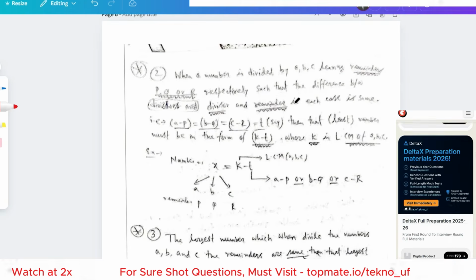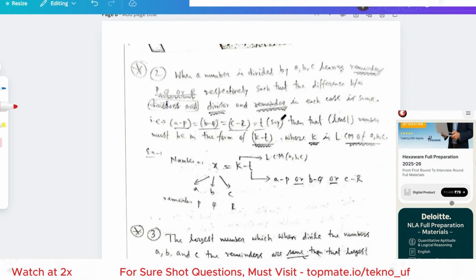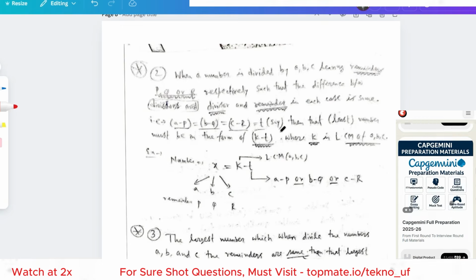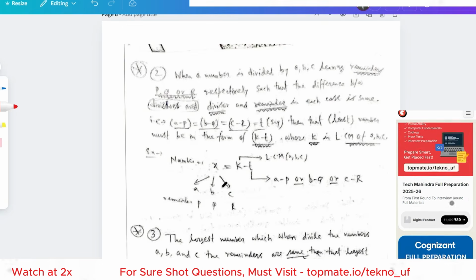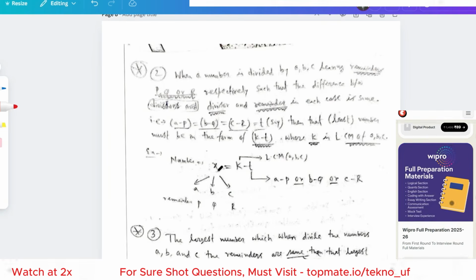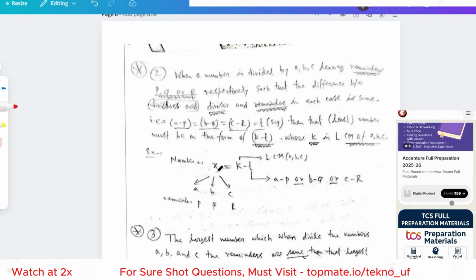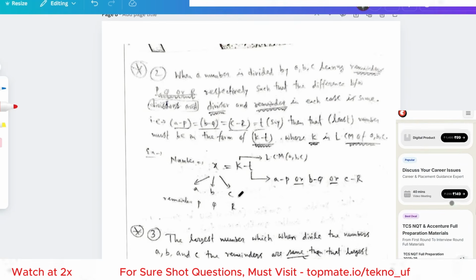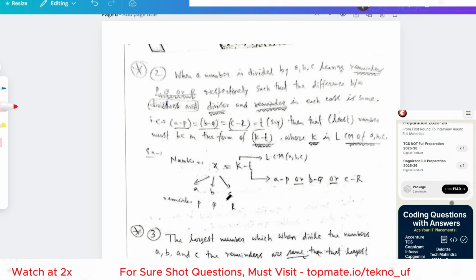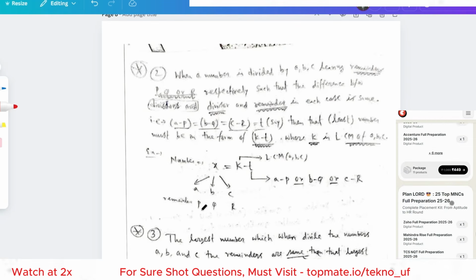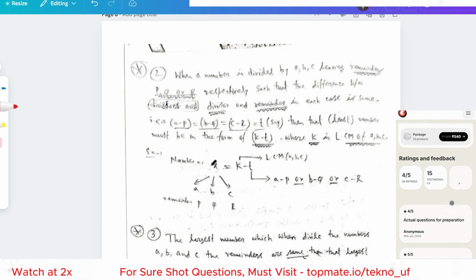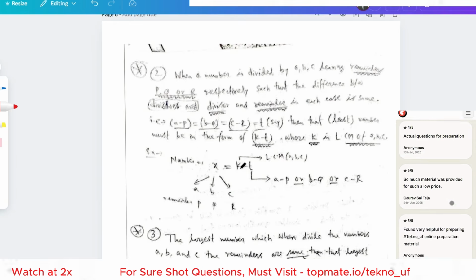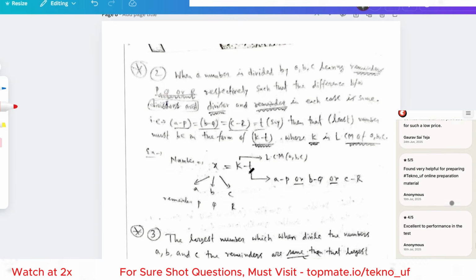Since this is not visible, go back and watch again. If the number is x, and we divide by three different numbers a, b, c, leaving three different remainders p, q and r respectively, then the number is k, that is the LCM of a, b, c, minus t.